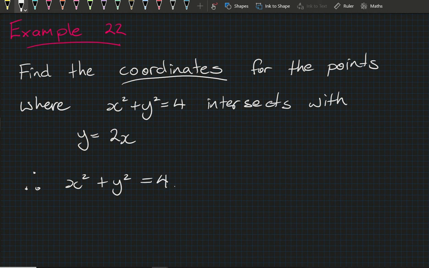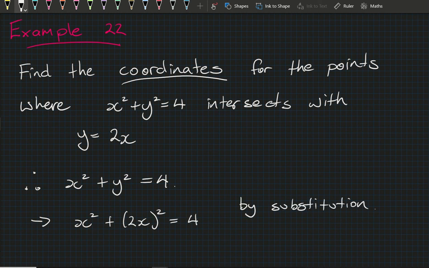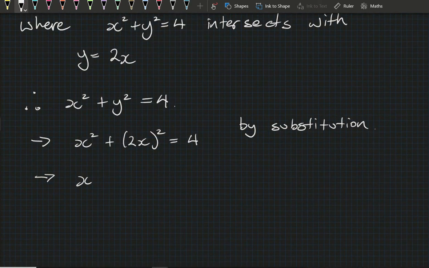And because y equals 2x, we can write that equation out now as x squared plus (2x) squared equals 4, just by using substitution, because y is equal to 2x, right? Alright, so now when I expand that bracket, we'll get our x squared, of course, but we've got 4 times x squared as well.